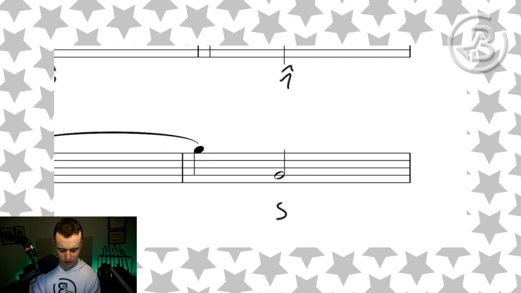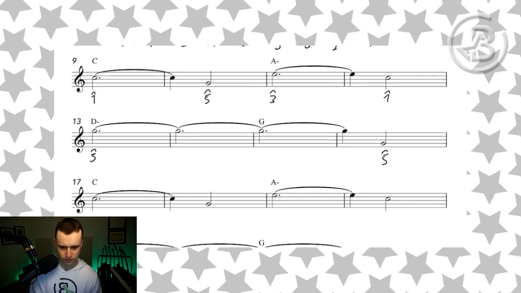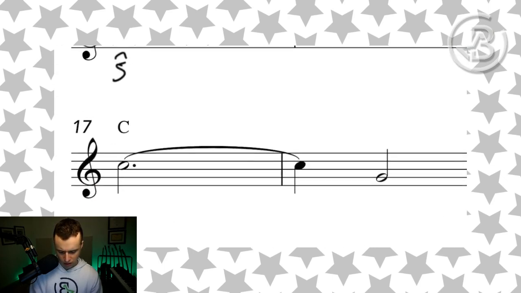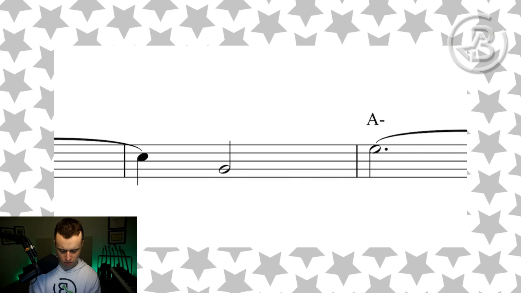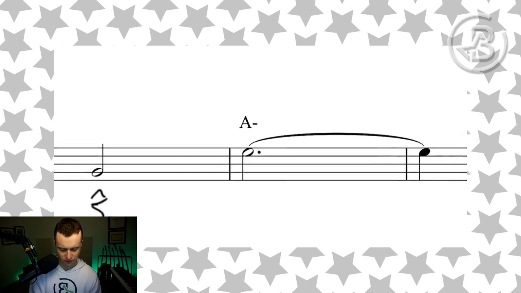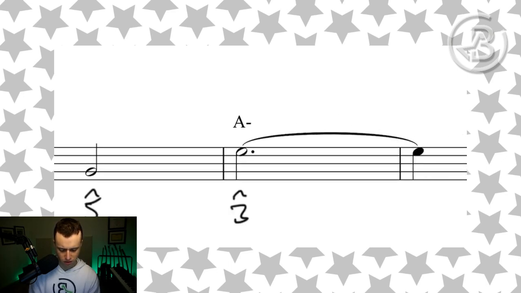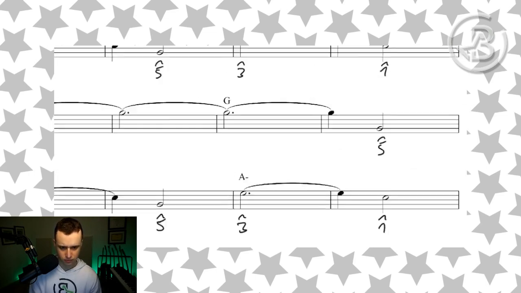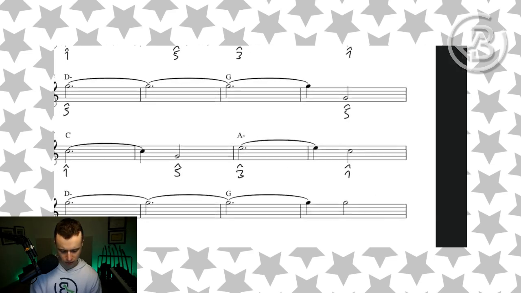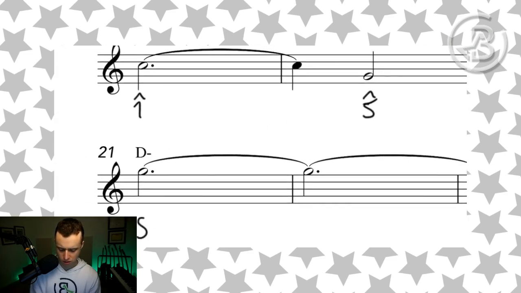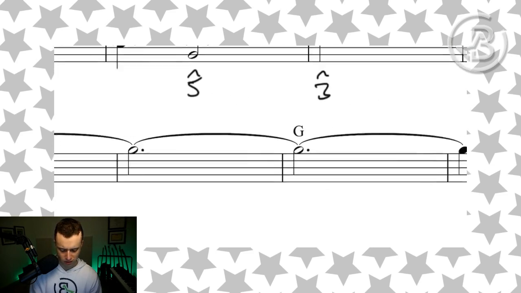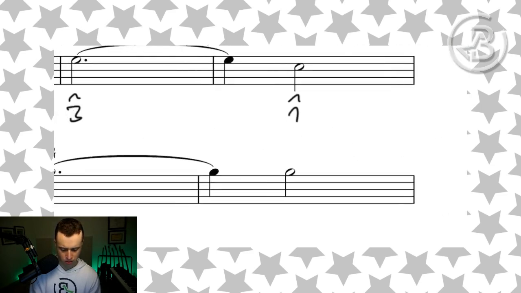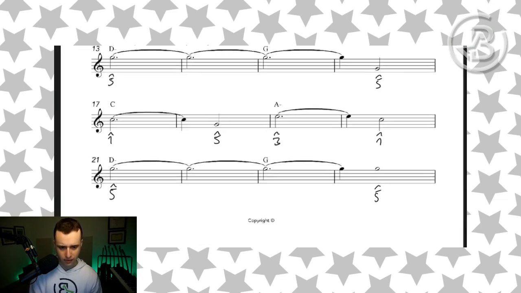And then we have 5 down an octave. Then we go to 1. Then we go to 5, 3, 1. That 1 didn't really look like a 1, but that's okay. 5 goes along, goes along, goes along. 5 again. All right, that was page 1.